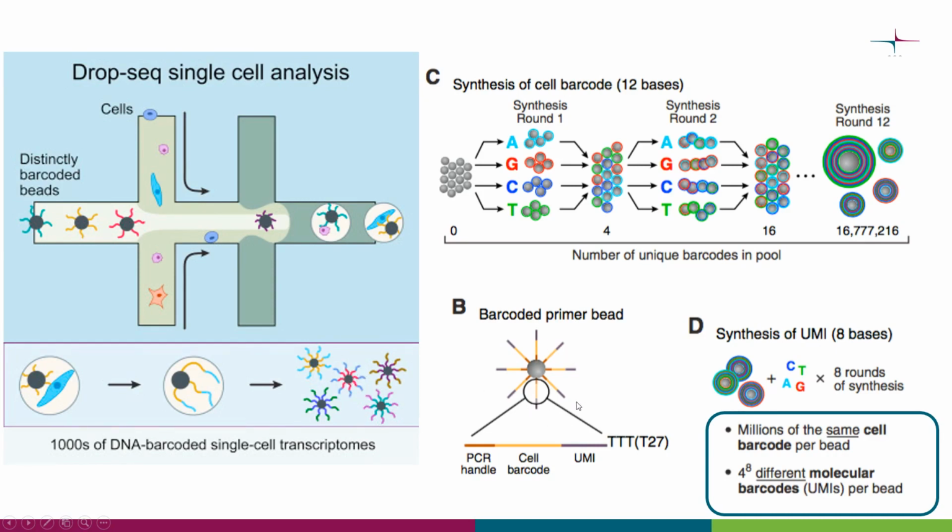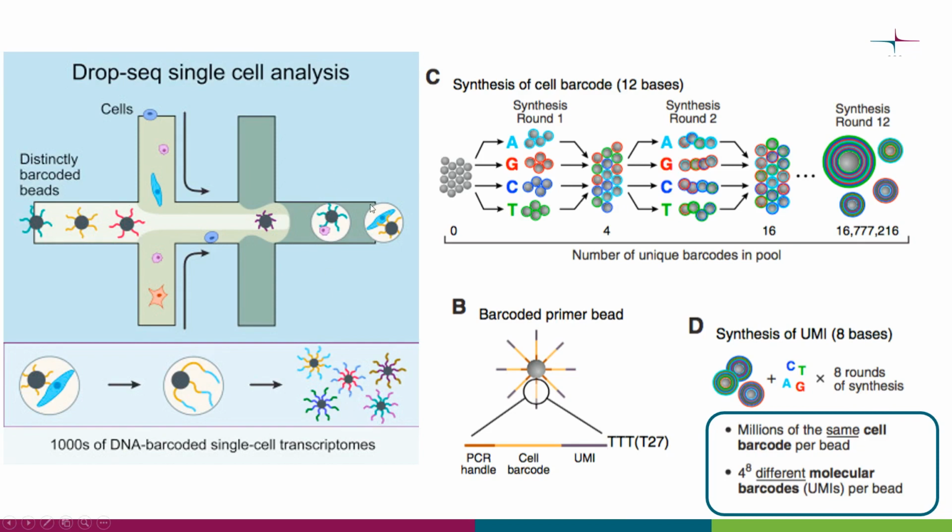Here we have a closer look at the bead. The oligo stuck to the bead consists of various things. The first is a PCR handle, then we have the cell barcode, and then the unique molecular identifier, or UMI, which helps us to tell apart a PCR duplicate from a unique transcript when we are counting the transcripts per gene.